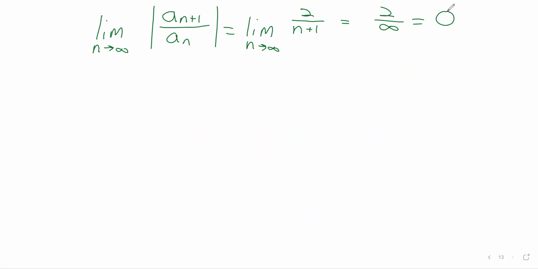So that 2 to the power of n really didn't end up doing anything. It threw a 2 into this, but that 2 cannot counteract that infinity. So the limit is 0, and 0 is less than 1.